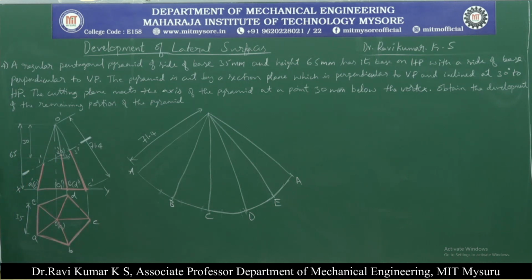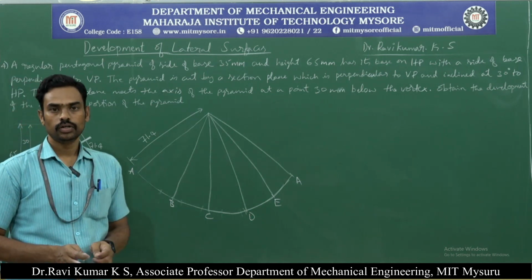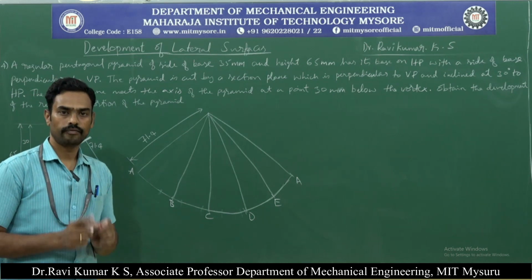Then here one more point, OE 5 dash. So here there are two lateral edges OA, OE, so 1 dash 5 dash, OB, OD 2 dash 4 dash, OC 3 dash. Now I already told you, in the case of a development, each and every line should be in its true length.